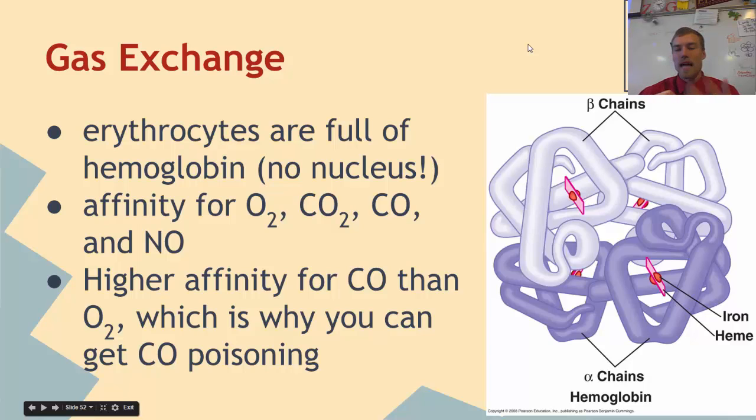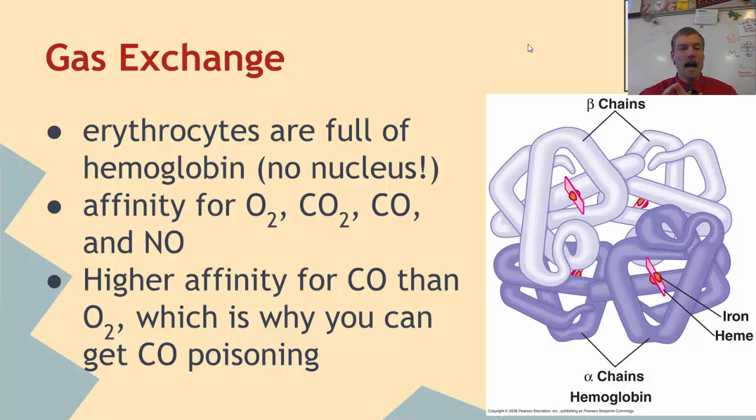Now, how does this actual gas exchange process work? Well, we have erythrocytes, which remember are the red blood cells, and they're full of hemoglobin. They actually don't have a nucleus, and that's to maximize the amount of hemoglobin that they can fit inside. Hemoglobin has an affinity for four different gases: oxygen, carbon dioxide, carbon monoxide, and nitrous oxide. Obviously, we want it to be binding to oxygen and CO2 in order to help move oxygen and CO2 throughout our bodies.